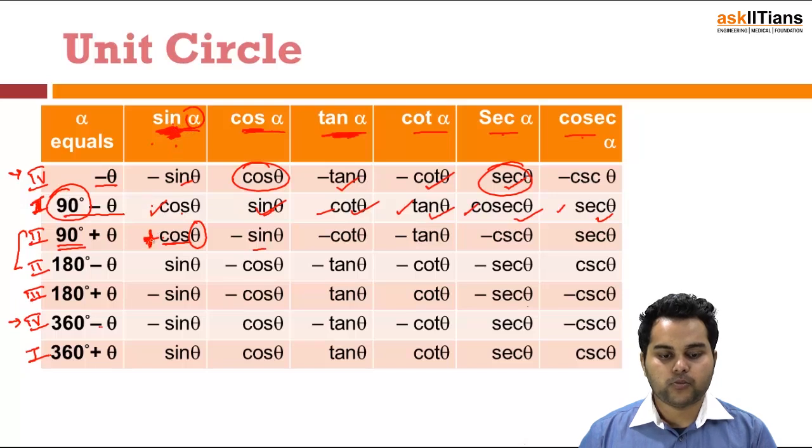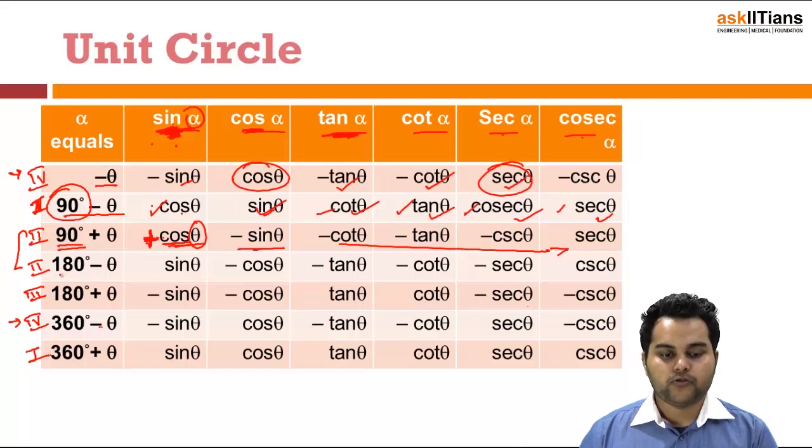Hence sine of 90 plus theta is equal to cos theta. Then cos of 90 plus theta would be minus sine theta. This one has a sign change along with the trigonometric ratio change, and so on.